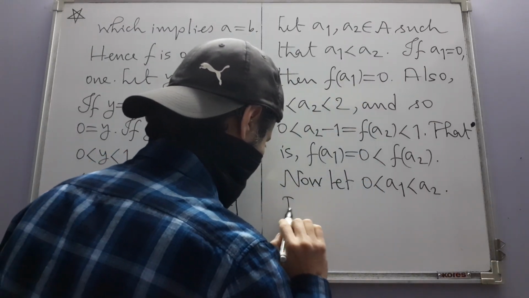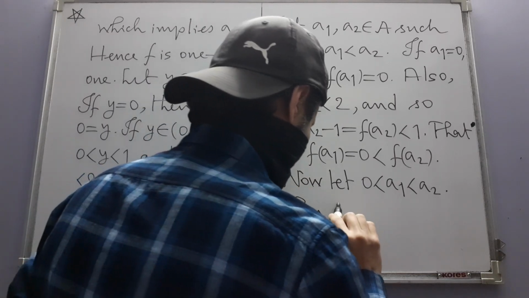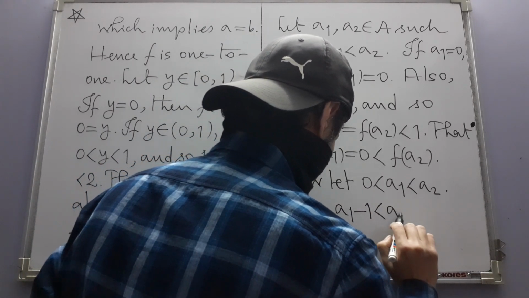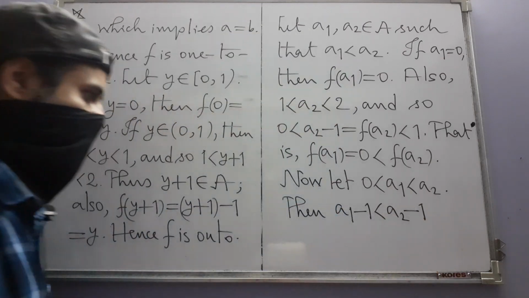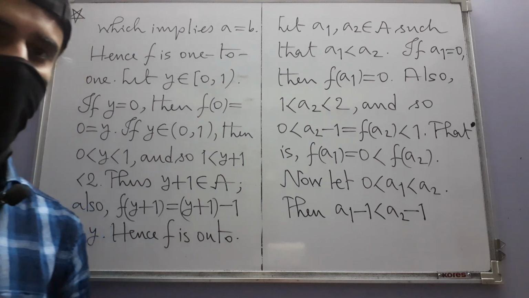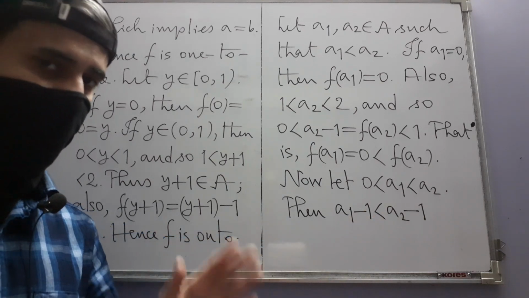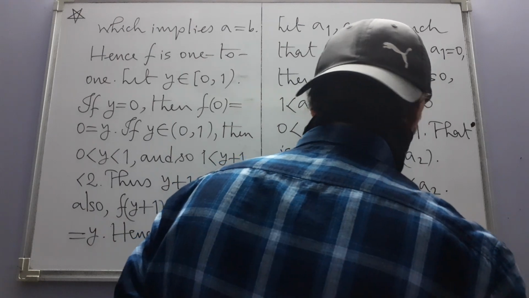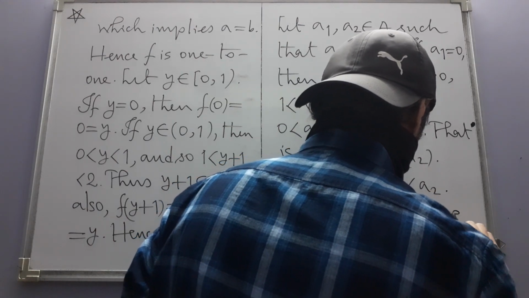Then A1 minus 1 is less than A2 minus 1. You can subtract 1 from both these terms and have the inequality intact. I mean, its direction intact. It doesn't get flipped.